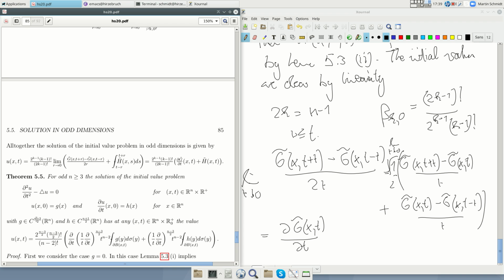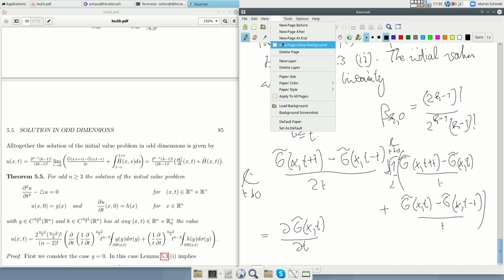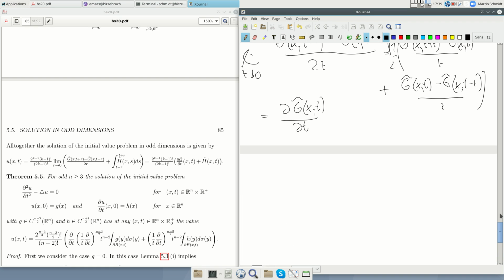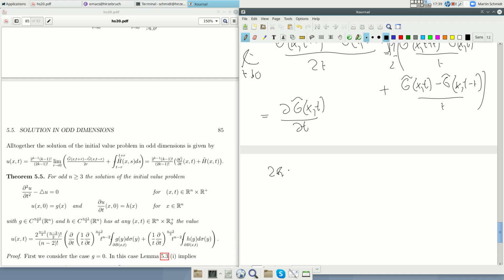We need some derivatives. Maybe later we will see how many derivatives we need once we have the formula. Now here let's write. We have 2k plus 1 is n.